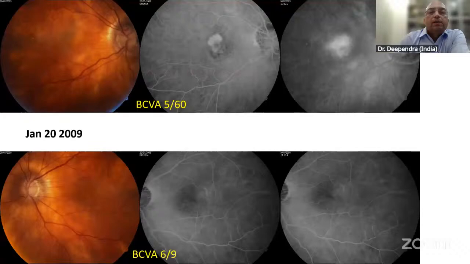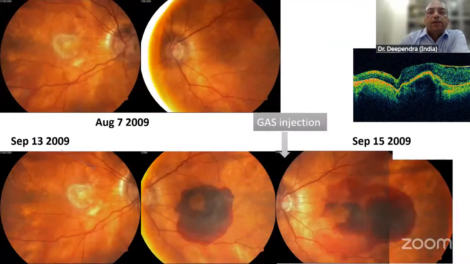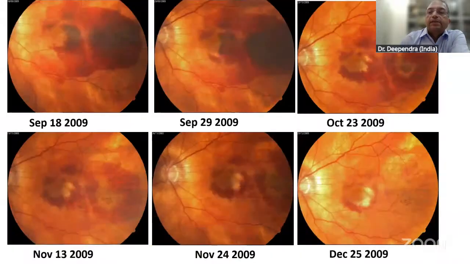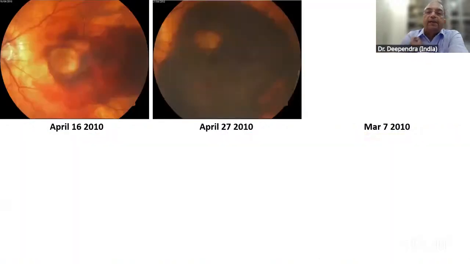Now, just a few cases. This patient was on anti-VEGF for a really long term in the right eye, and then he lands up with submacular hemorrhage. We injected gas, and it shifted, and then he came with another round of hemorrhage. We again injected gas alone. The blood shifted nicely, and then he came with massive submacular hemorrhage.